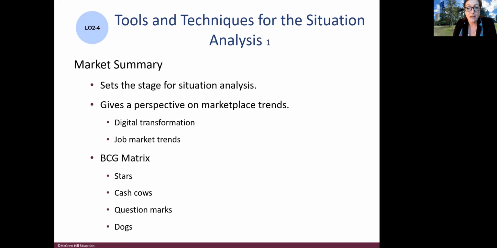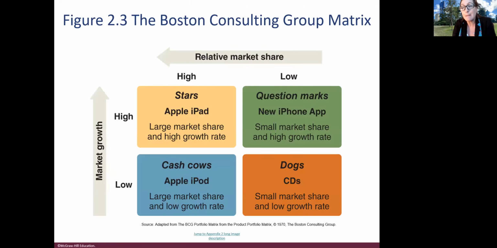So in order to understand the market and the market dynamics, we can use a tool known as the BCG matrix. And this BCG matrix analyzes the market in terms of growth and market share, right? So when we are in a situation where we have low market growth but relatively high market share, we've got something that's recognized as a cash cow.